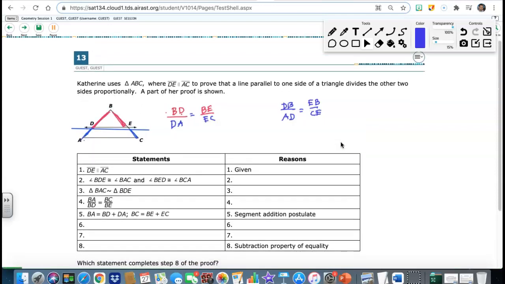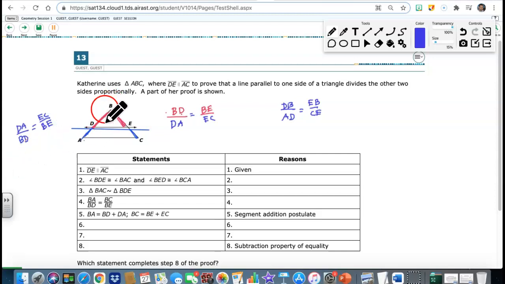So I can just use DA. All right, good. So they took the little one, DA over BD, which is the big one. And if I start in the little one on this side, I have to start in the little one on the other side. Okay? EC over the big one, which is BE.